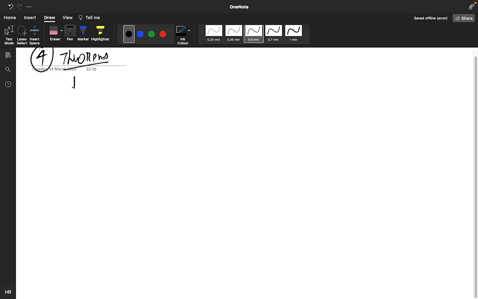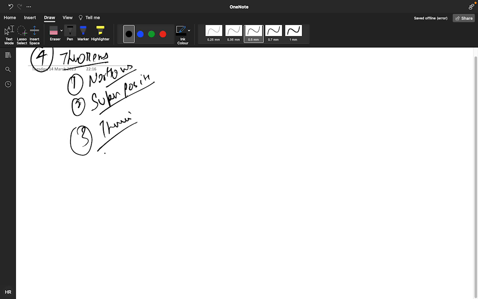It's a very easy chapter, in which you need to study Norton's theorem, superposition theorem, and Thevenin's theorem also. I'm not going to teach you this today, but I will discuss the questions of the previous topics. So these three things come under theorems: Norton, superposition and Thevenin's.